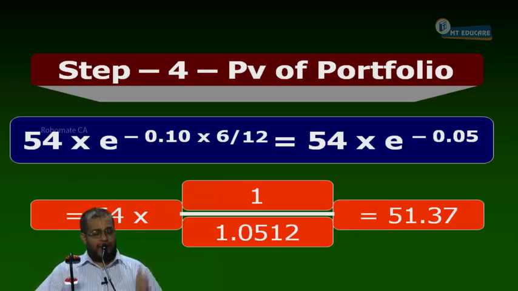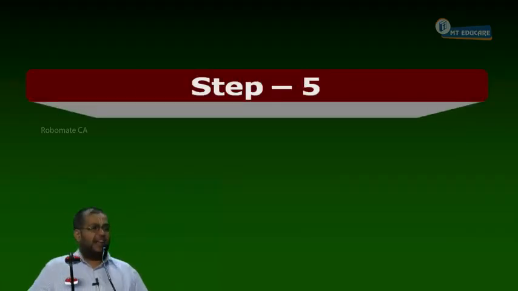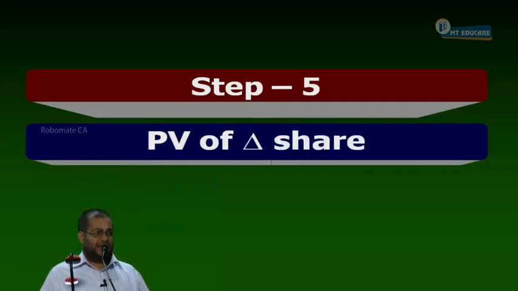Now tell me, the next step is what? Step 5, present value of delta shares. Okay, stop writing. What is the value of one share today? Spot price. What is the value of n shares today?